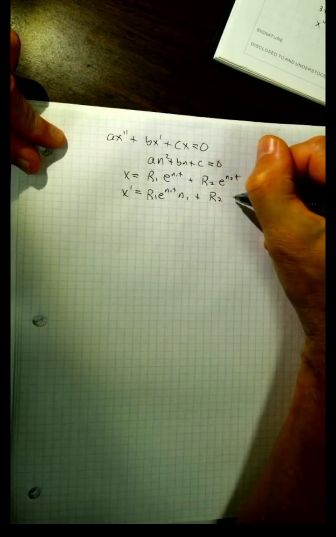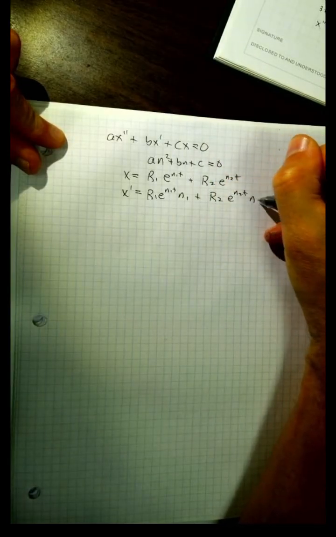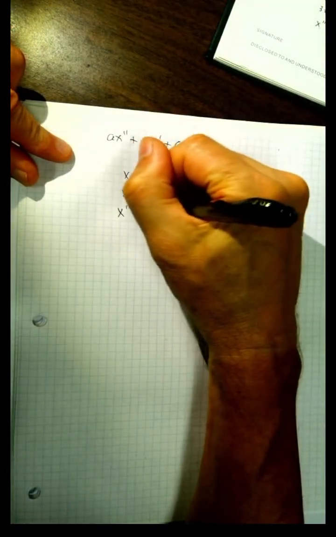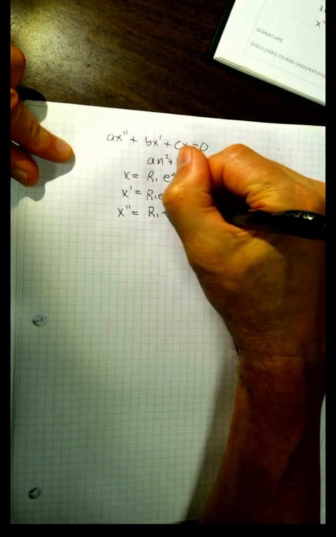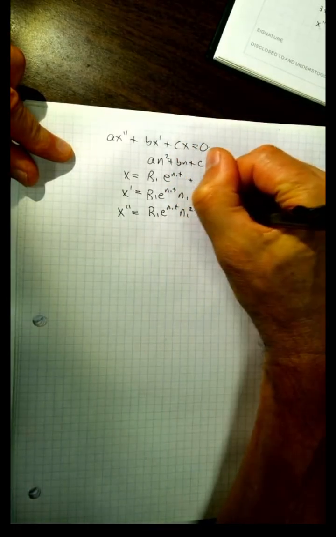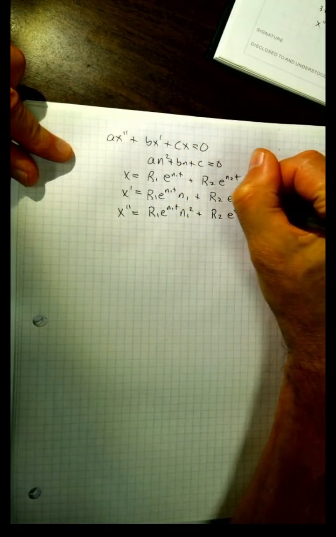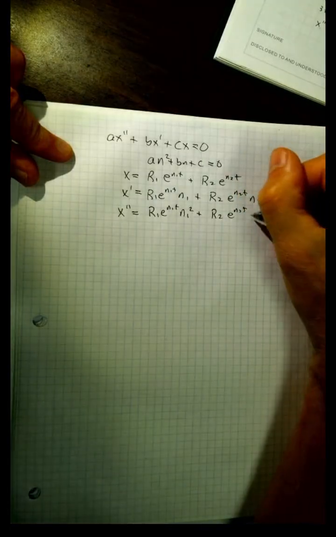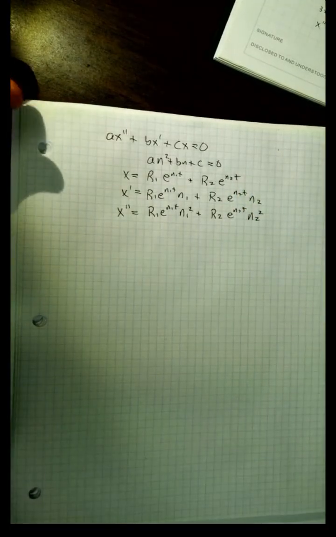the derivative of the first term is r1 e to the n1t times n1. Derivative of the second term is r2 e to the n2t times n2. And the second derivative of the first term is going to give me an n1 squared. Second derivative of the second term is going to give me an n2 squared.